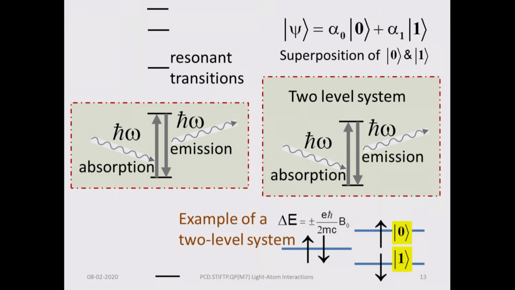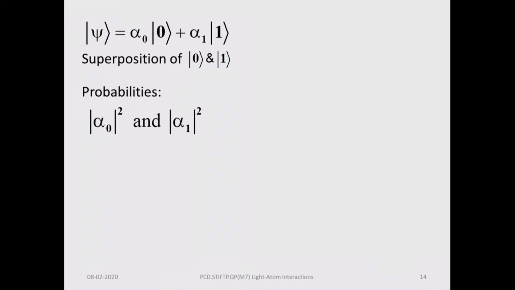And this is an example of a two-level system, and the general state would be a superposition of the state 0 and the state 1. So, it would be like an entangled state, as we have discussed in the context of quantum entanglement. So, this is a superposition of states 0 and 1.